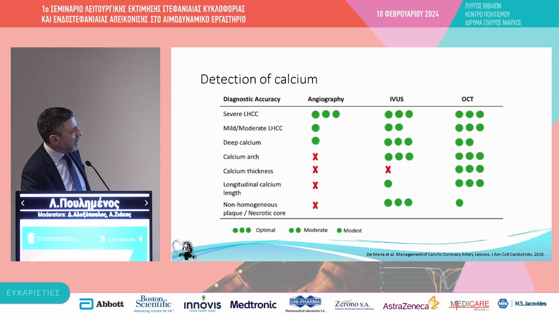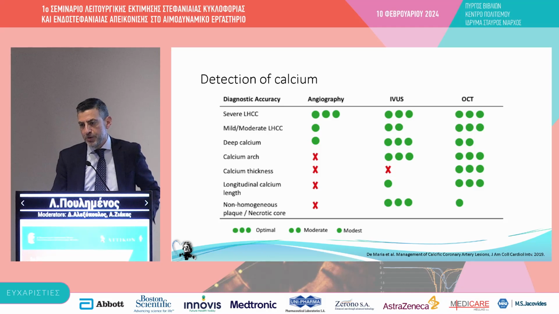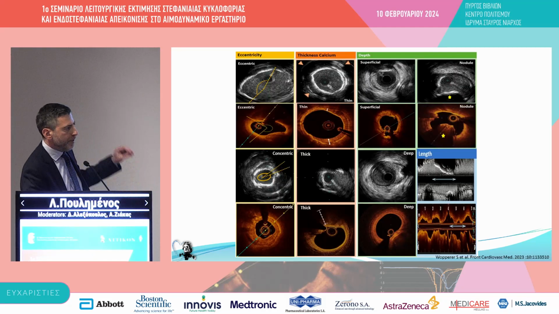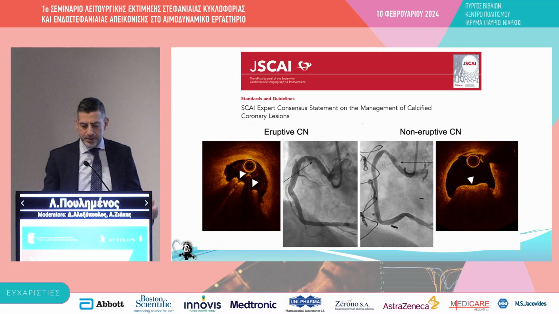So there are strong points and weak points for every method, but the weakest of them is classical angio. Angio cannot give us the information about calcium we need today for the means we have to modify calcium, and we have to know eccentricity, thickness of calcium, the depth, and the length of the disease.